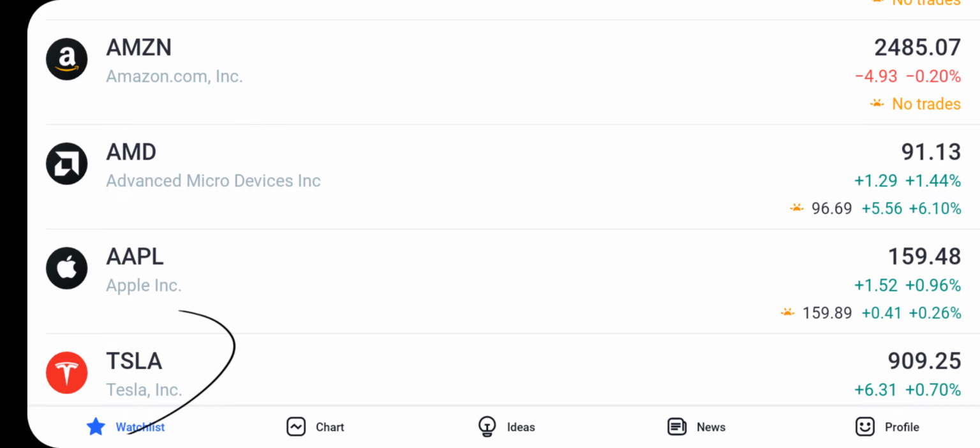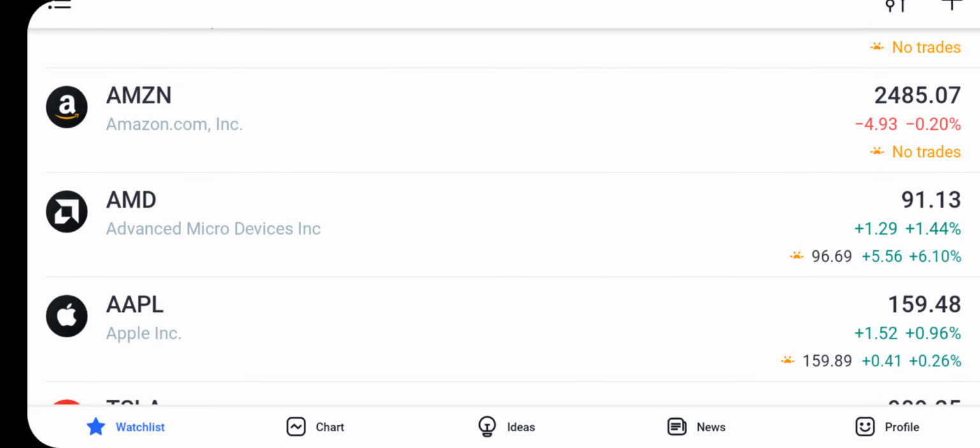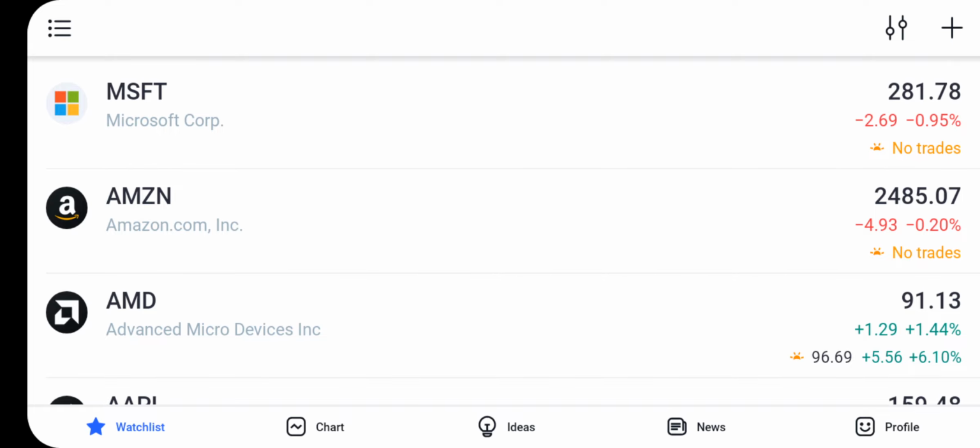Most of the time, Nasdaq has to follow these stocks, so before going to Nasdaq, I normally check how these stocks are moving.